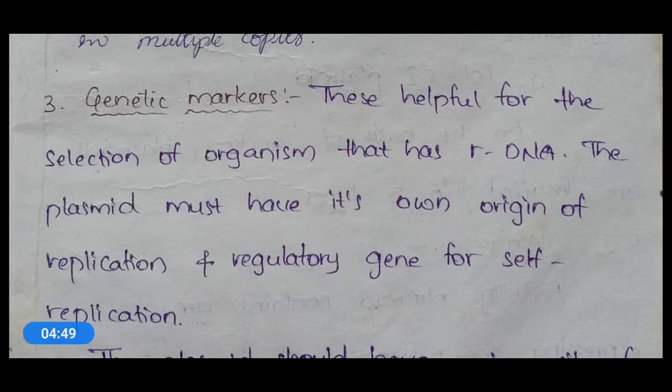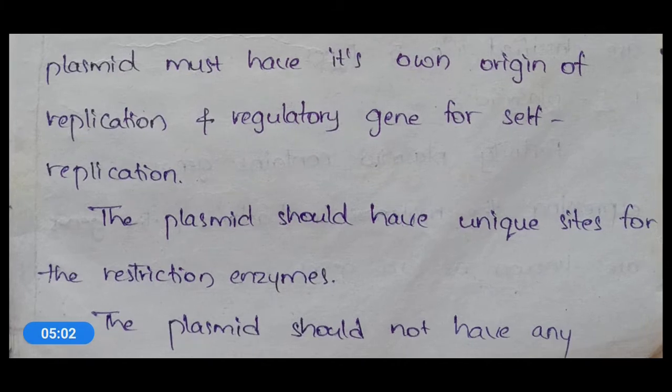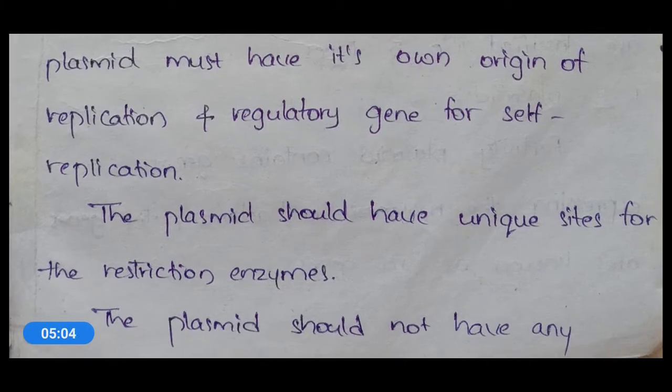These plasmids must have their own origin of replication and regulatory genes for self replication, and they have unique sites for restriction endonucleases. They should not have any pathogenic property.